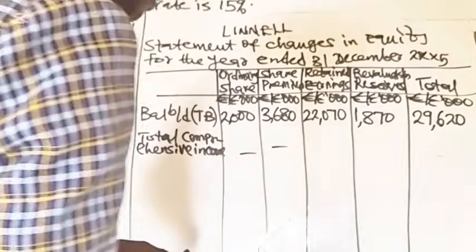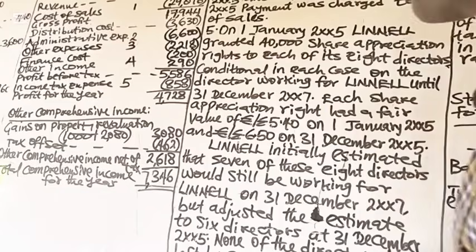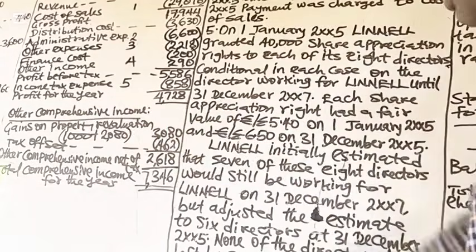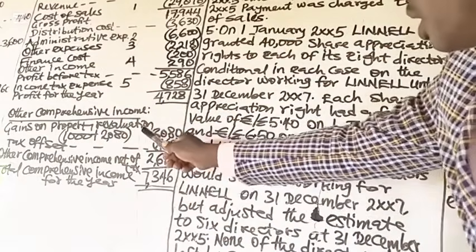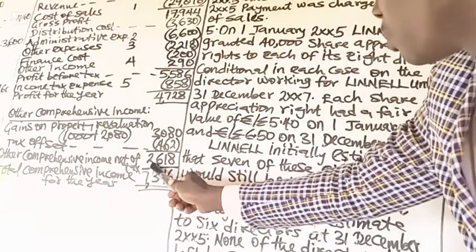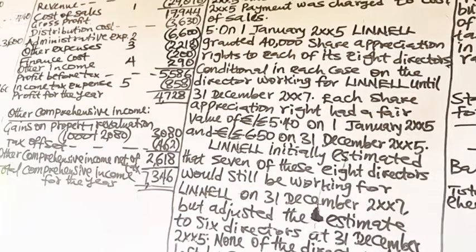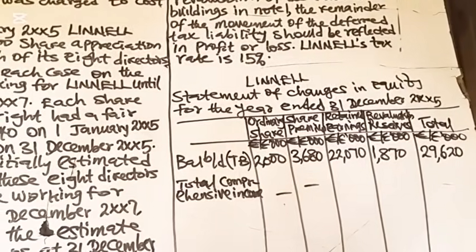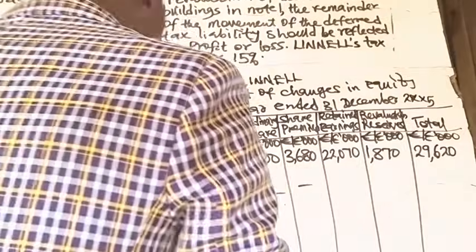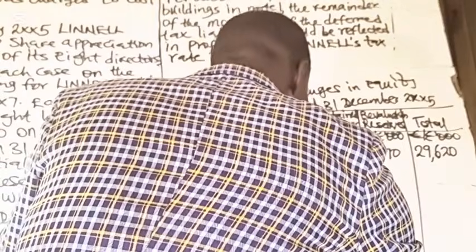Now back to the statement of profit or loss and other comprehensive income. From the statement of profit or loss, we have the profit for the year of 4,728,000 and gains on property revaluation net of tax of 2,618,000. So these 2 items will be recognized in the statement of changes in equity. In the statement of changes in equity, the profit for the year amounted to 4,728,000.